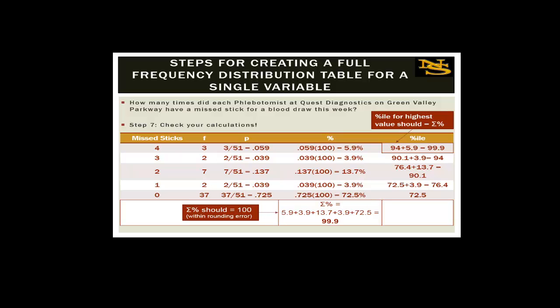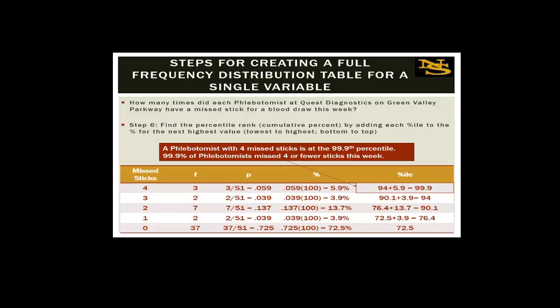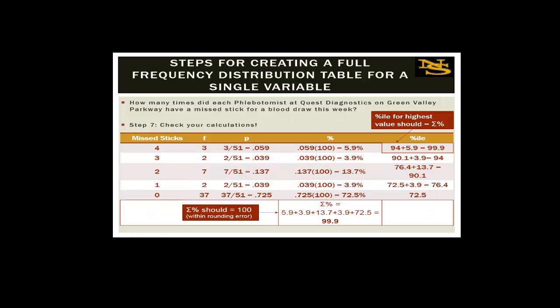That's a good sign that you did your math correctly. So if you think about rounding error and we go back here, it makes sense. Technically, this is pretty much everyone within rounding error, so you could say that, in other words, all of the phlebotomists, 100%, missed 4 or fewer sticks this week, which makes sense if you look at the data.